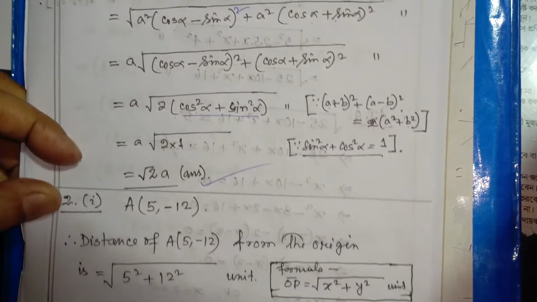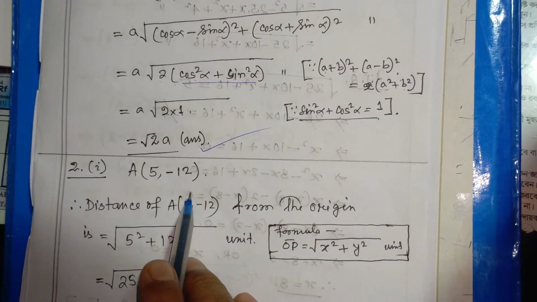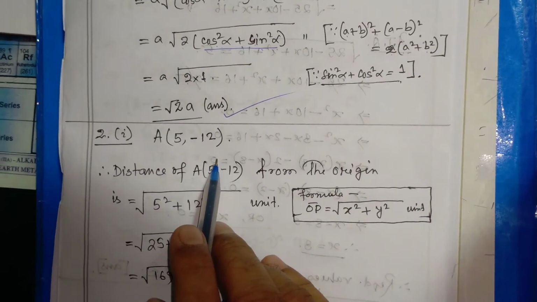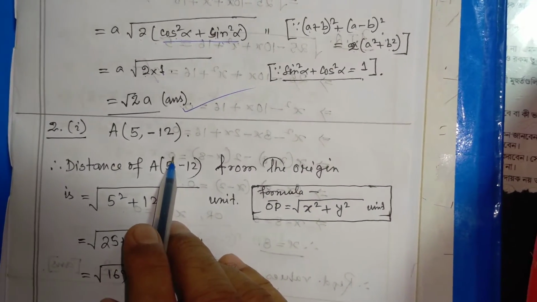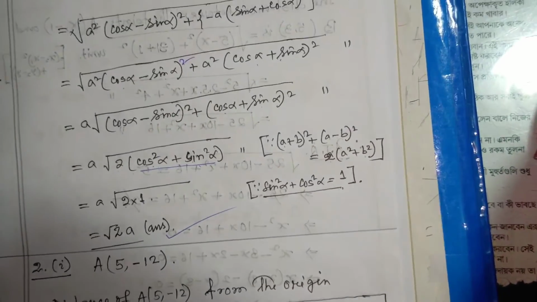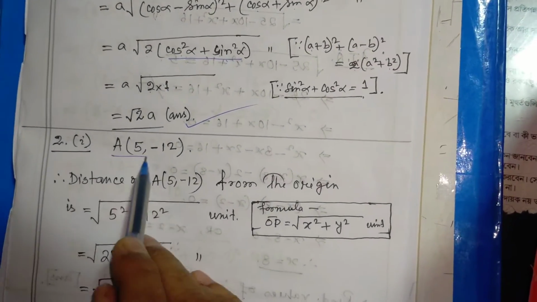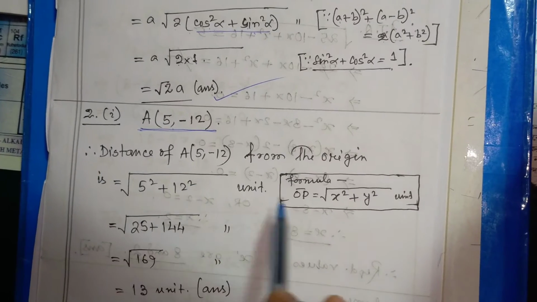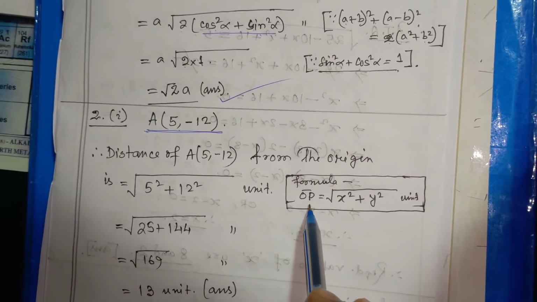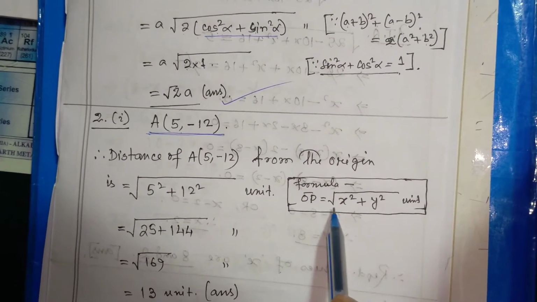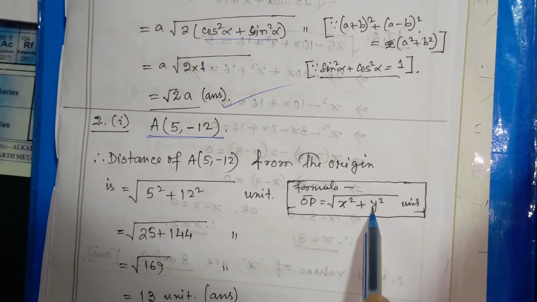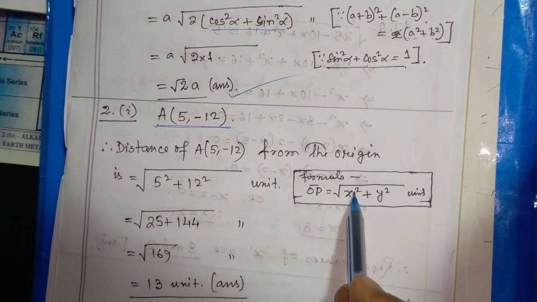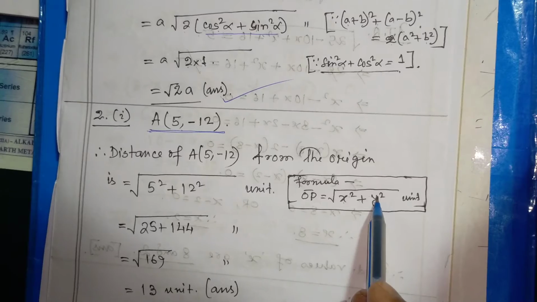Now, in your question number 2, the question is find the distance of each of the following points from the origin. The first point is given as 5, minus 12. I have given the formula and discussed the formula like this. The distance is given as root over x square plus y square. That means x coordinate square plus y coordinate square.